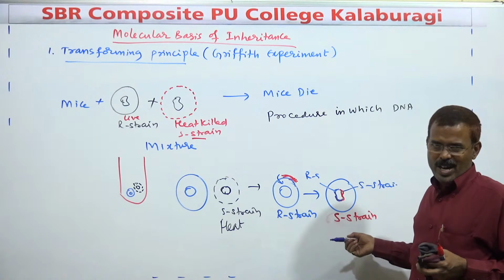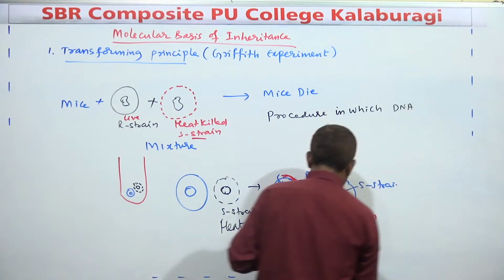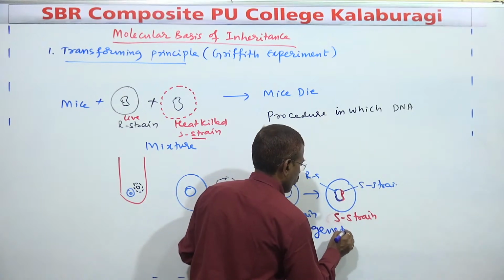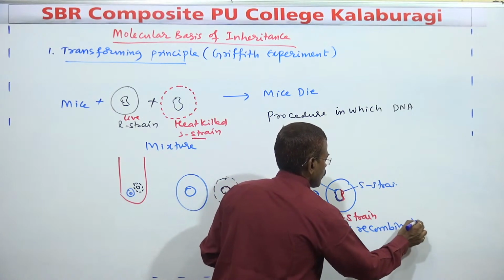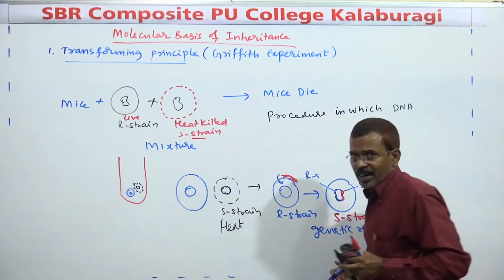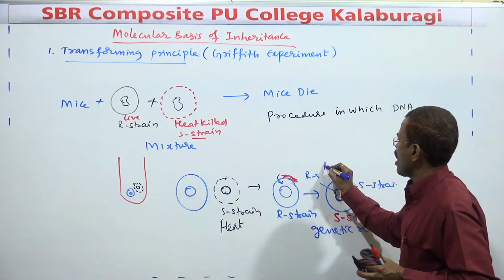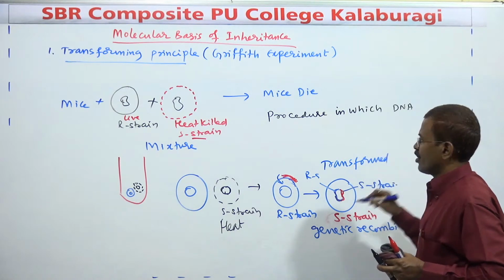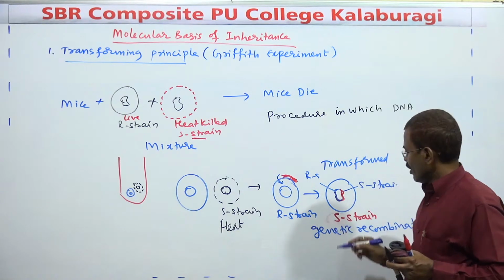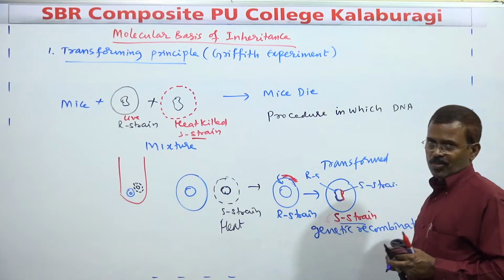Genetic recombination occurs here. Because of this genetic recombination, our strain has been changed, that is transformed into S strain.